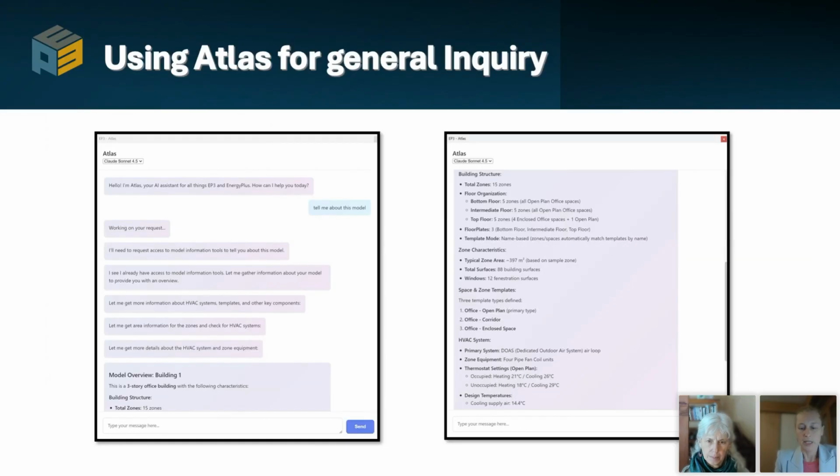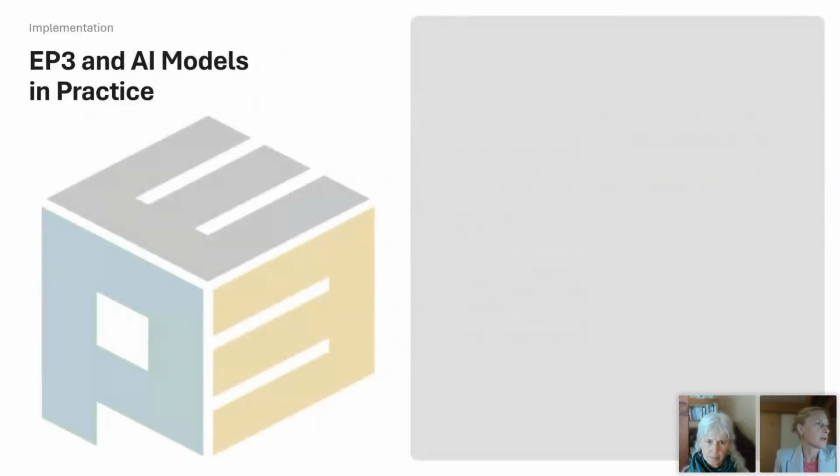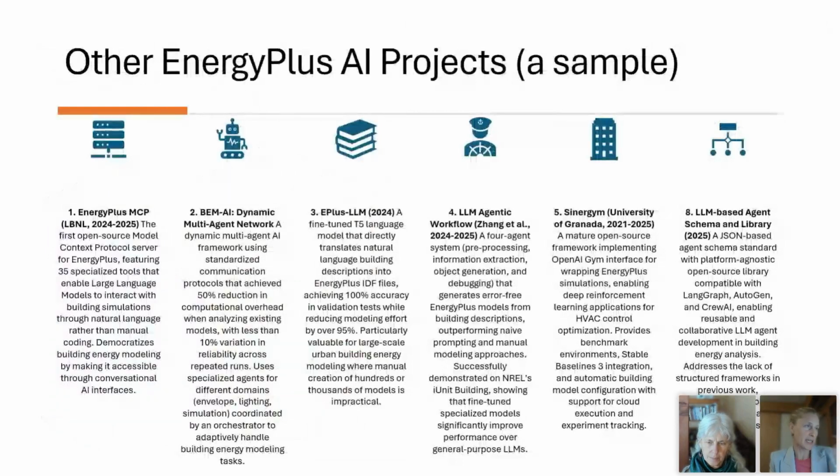One of the things about these other EnergyPlus AI projects is that, as far as I know, they're mostly working directly with the EnergyPlus files and not inside a user interface.